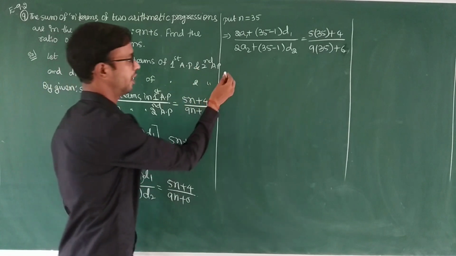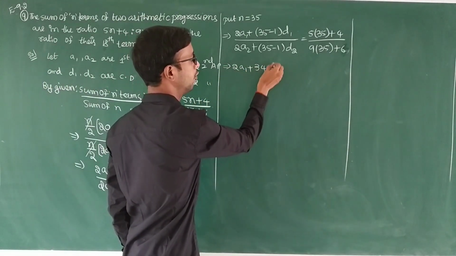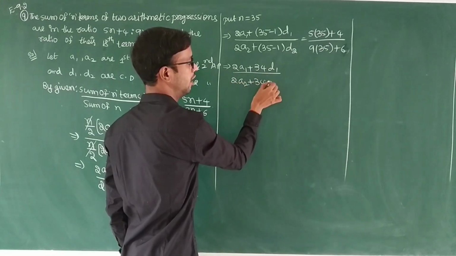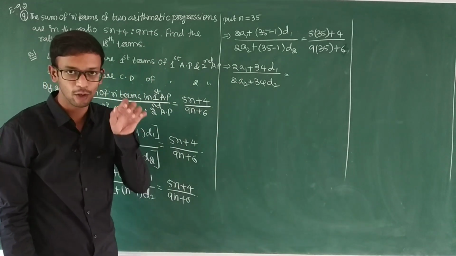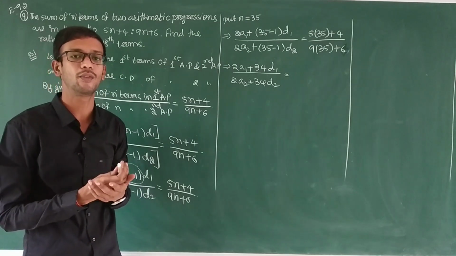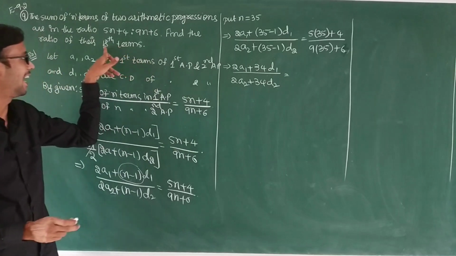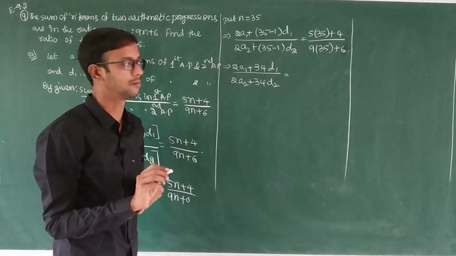Now make the simplifications here. 2a1 plus 34d1 divided by 2a2 plus 34d2. Sir, why are we making 34? If we take 2 common, you will get 17. We need the 18th term, so for that purpose we are making this substitution.